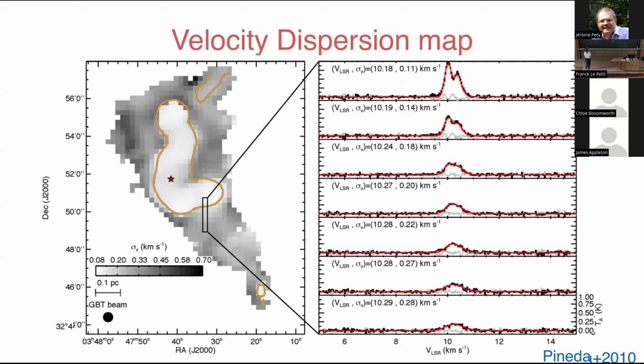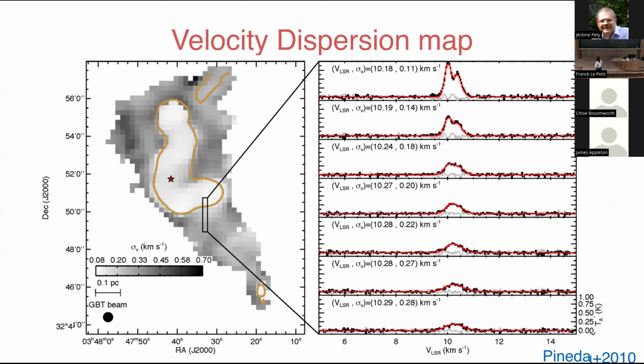Basically, the map here is the derived velocity dispersion over the whole region, and the contour marks the transition between subsonic and supersonic line widths.